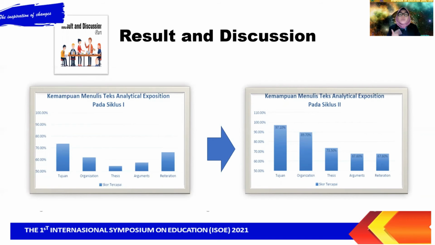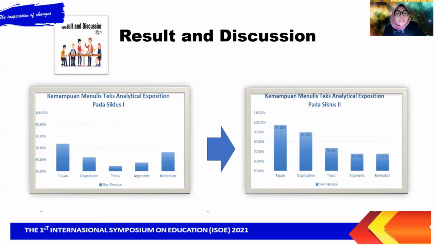Second, 23.5% of students are quite able to write analytical exposition text. Third, only 6% of students can write analytical exposition well. And the rest, 6% of students, are very good at writing analytical exposition text. So from this data, it shows that students are still not optimal in writing analytical exposition text in cycle 1.